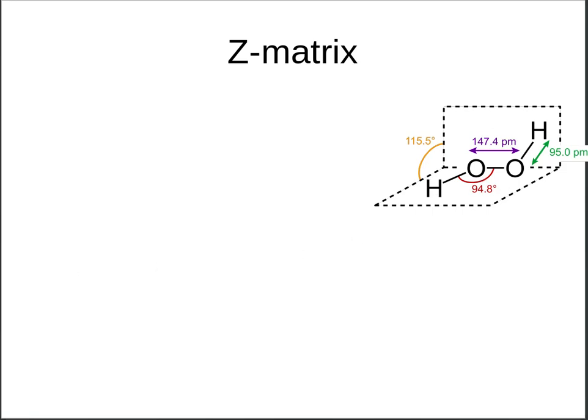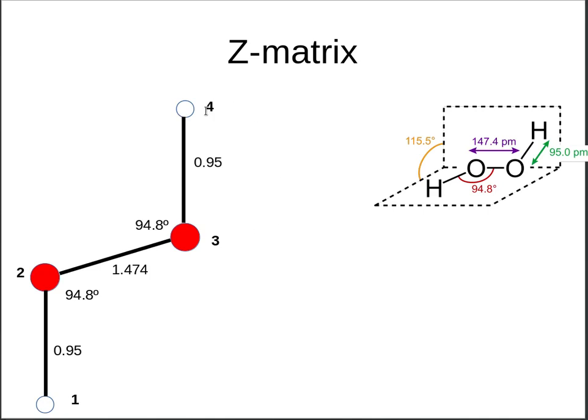So to start off with, I want to just label all of the atoms. So I'm going to start off with the hydrogen as number 1, oxygen is number 2, oxygen is number 3, and hydrogen is number 4. And these are the values I've changed from picometers, which Wikipedia has, to angstroms, which is what we need for the Z matrix. So let's see how the Z matrix builds up.